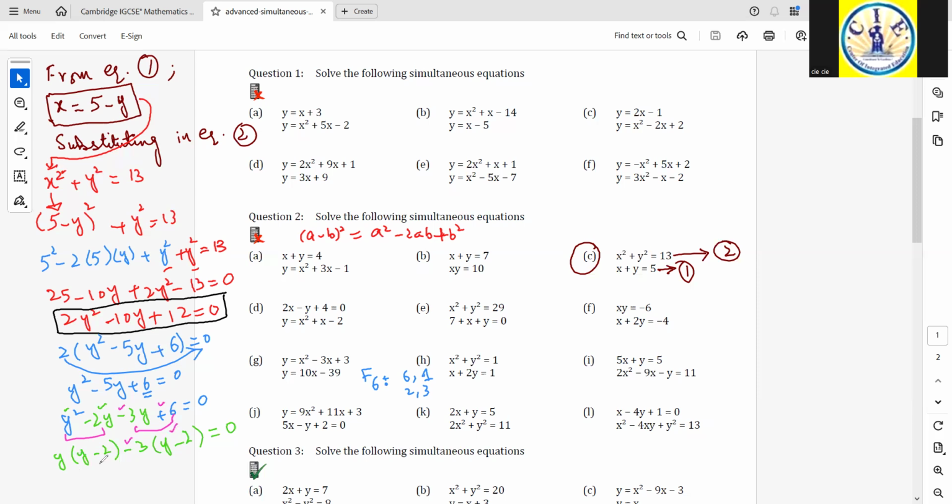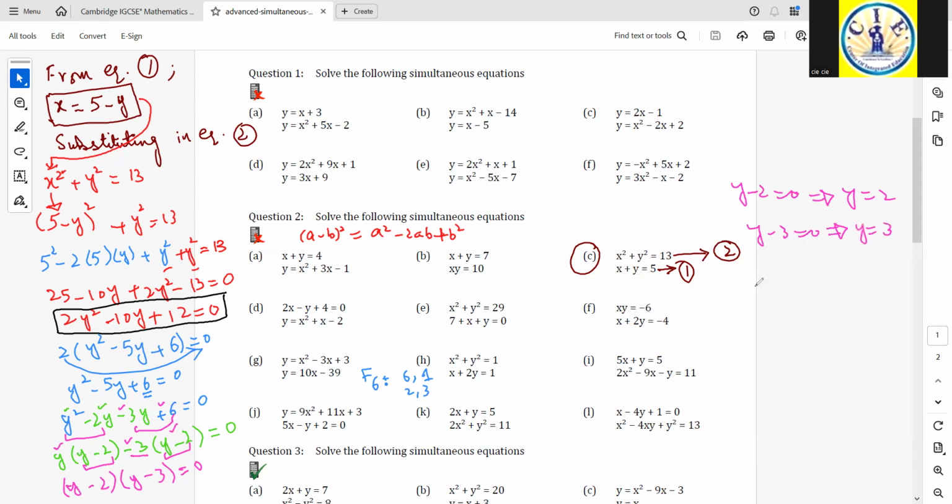Now altogether y minus 2 is a common factor. So we can take it out, and we are left with y from the first term and negative 3 from the second term, equals to 0. So that will give me y minus 2 equals to 0, which will yield y equals to 2. And also y minus 3 equals to 0, which will give us y equals to 3.